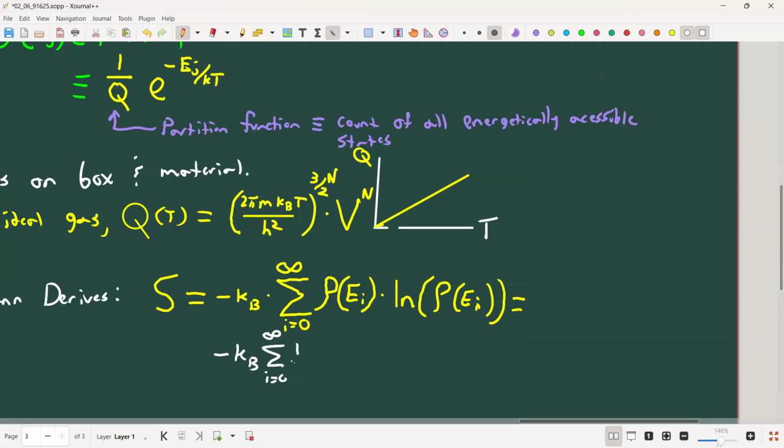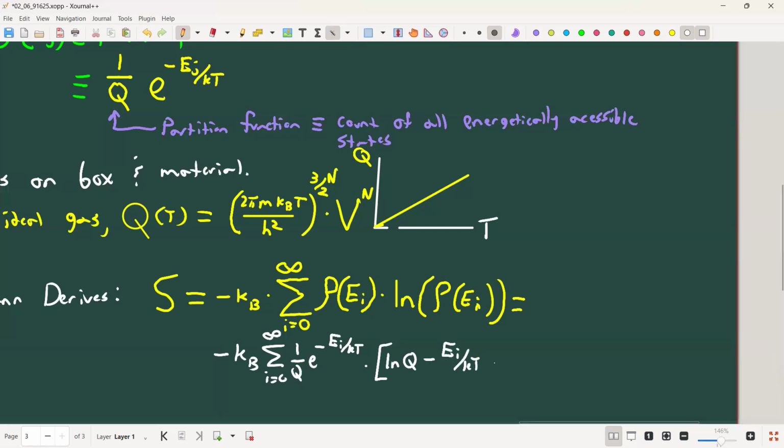All right, so I can go ahead and put that 1 over Q e to the minus E_i over kT. And then I have the log of it. I can clean that log up. It's log of Q minus E_i over kT. The Q disappears, right? You can separate this. This is Q to the -1.